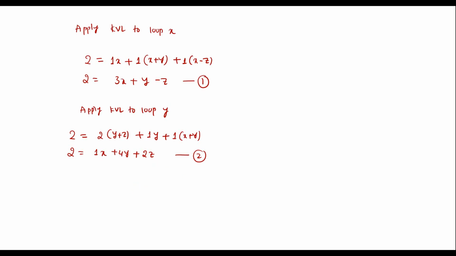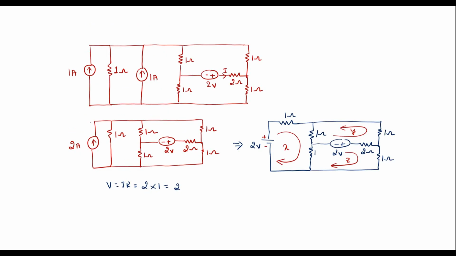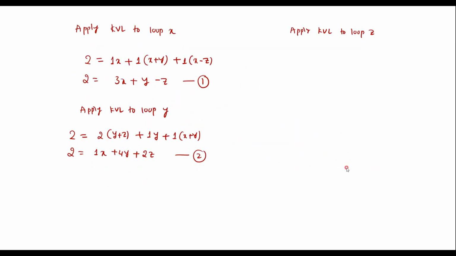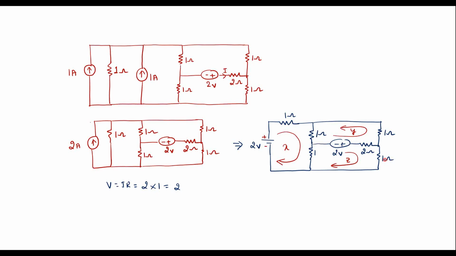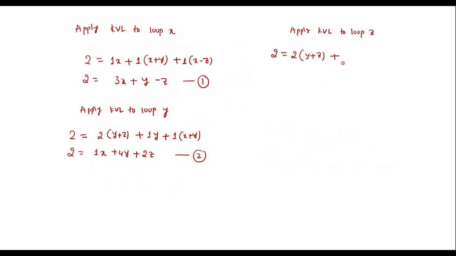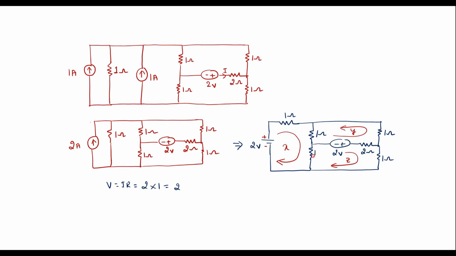So now apply KVL to the last loop, that is loop Z. Here 2 is equal to the voltage across the 2 ohm resistor, which is 2 into Y plus Z, plus the voltage across this 1 ohm, which is 1 into Z, plus the voltage across this resistor, where Z and X are opposite to each other.